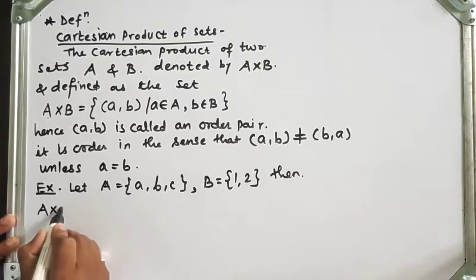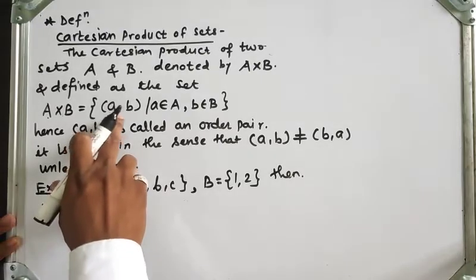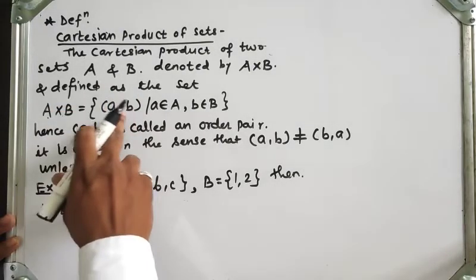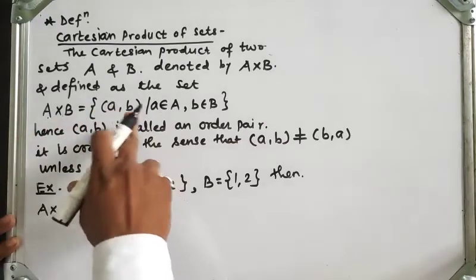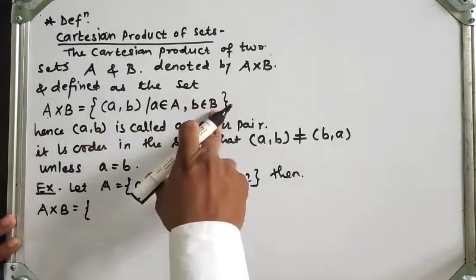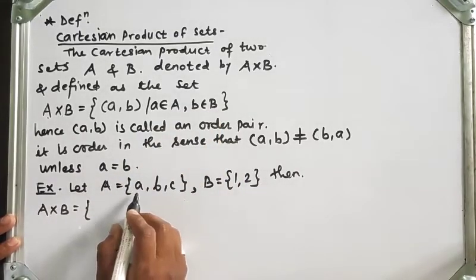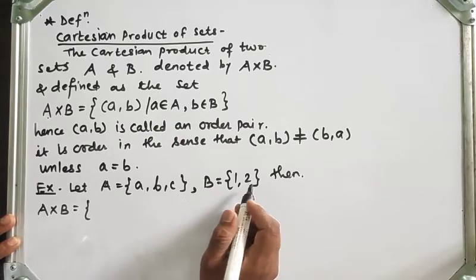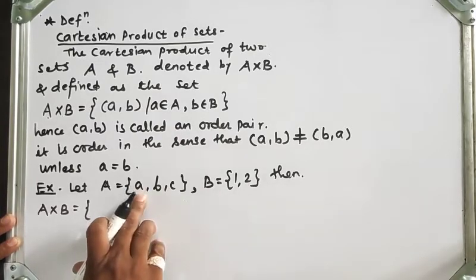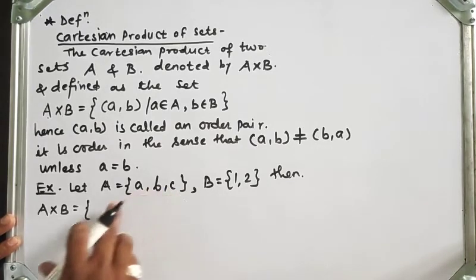A cross B is equal to, what is the definition? The set of all ordered pairs (a, b) such that a should be from set A and b should be from set B. Here we have 3 elements from set A and 2 elements from set B, so in the first ordered pair we should take a, b, c as the first elements.